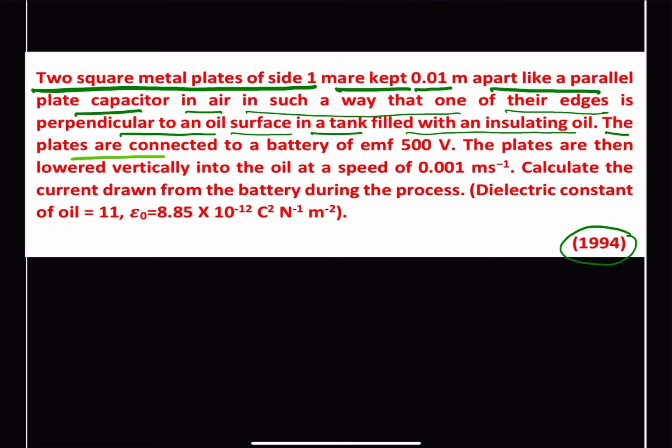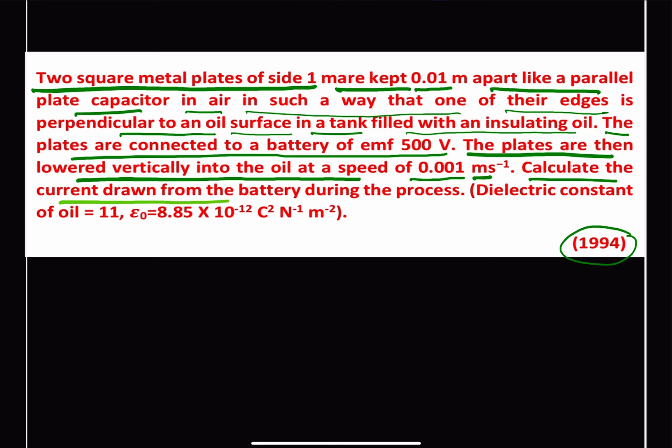The plates are connected to a battery of EMF 500 volt. The plates are then lowered vertically into the oil at a speed of 0.001 meter per second. Calculate the current drawn from the battery during this process. The dielectric constant of the oil is 11 and the value of epsilon naught is given to us.